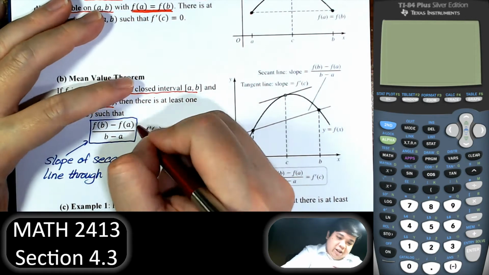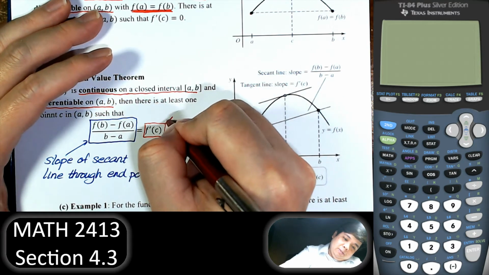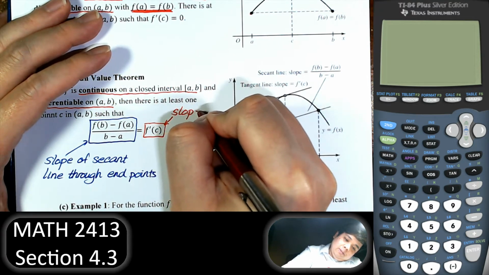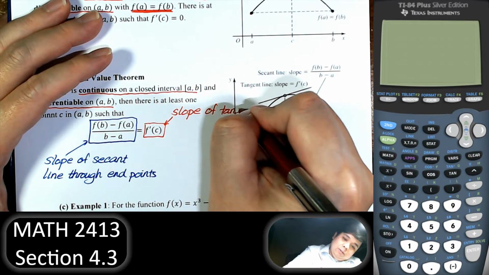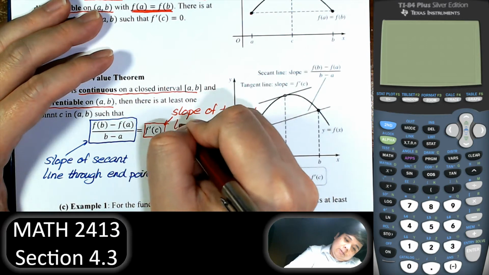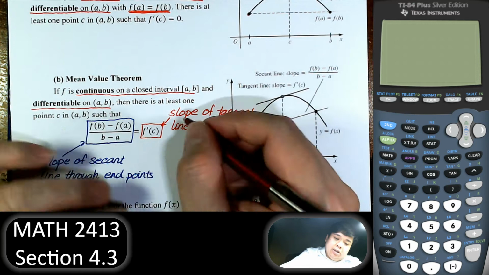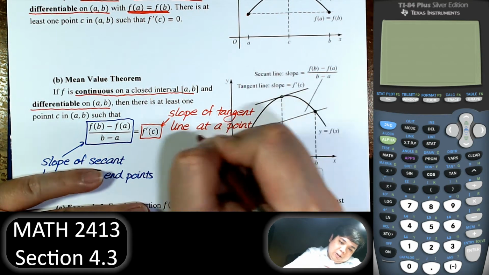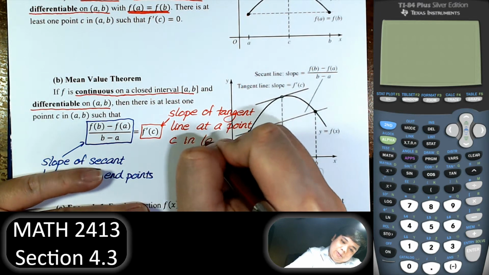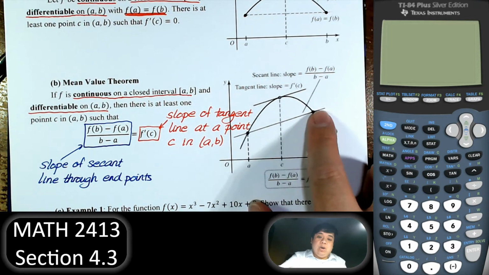And of course the derivative is the slope of the tangent line, the slope of the tangent line at the point c in a and b. So the mean value theorem, once again, is continuous and differentiable from end to end.